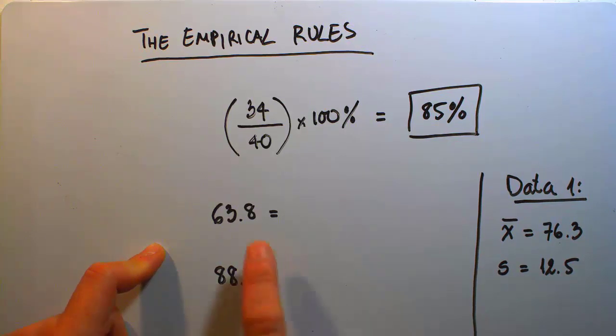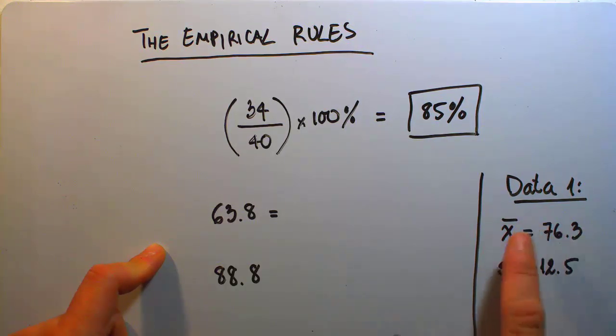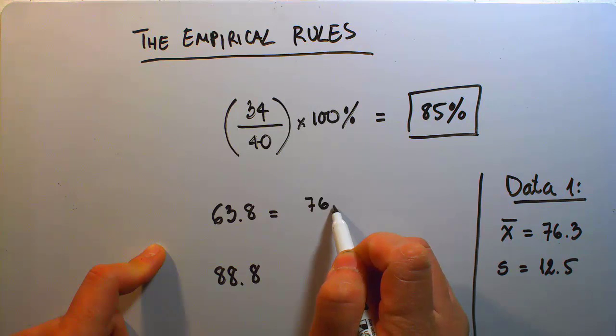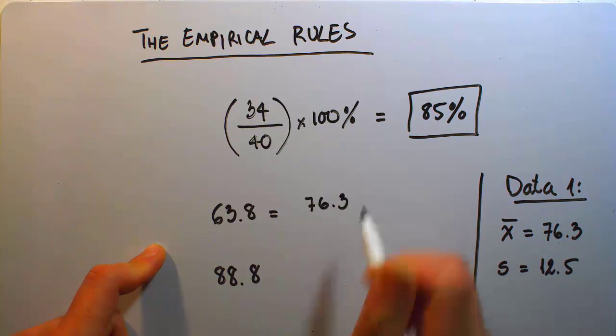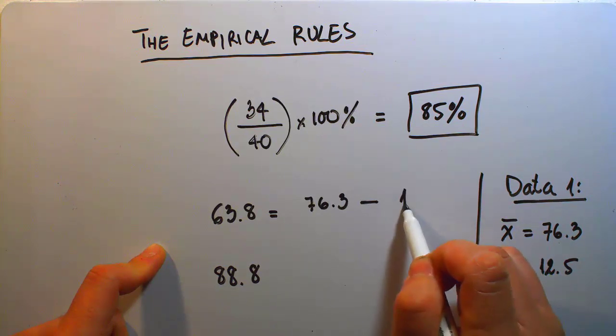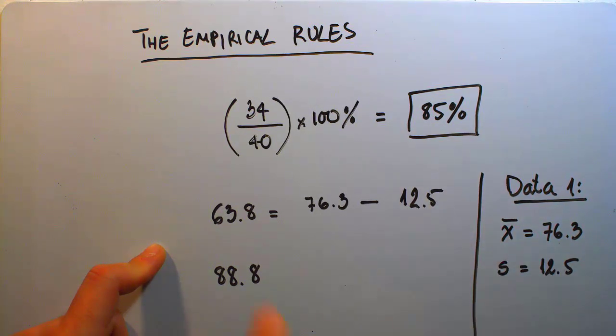Looking at the low end, and combining it with the mean and the standard deviation, 63.8 is indeed the mean, 76.3, minus 12.5.